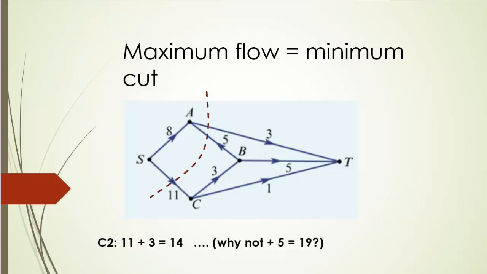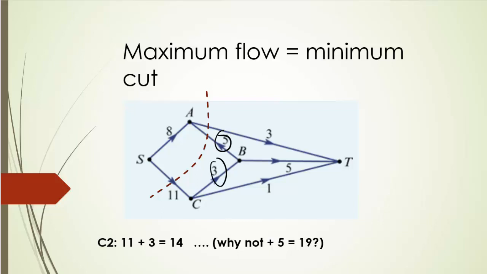Here's cut 2. Now, you might think that it is 11 plus 3 plus 5, because we go through 11 and a 5 and a 3. But where's that 5 coming from? That 5 is only coming from CB. That 5 has only got a flow of 3 going in there in the first place, and in turn that 3 is coming from that 11.